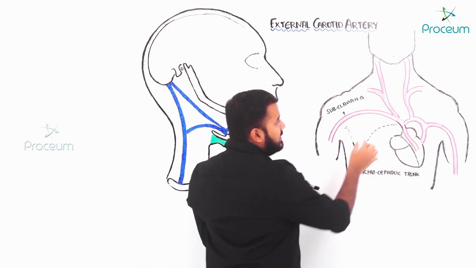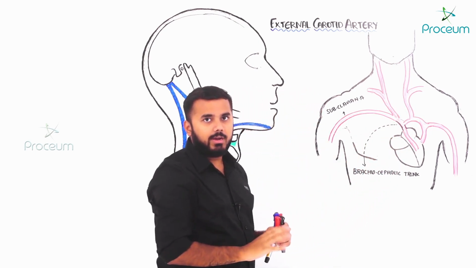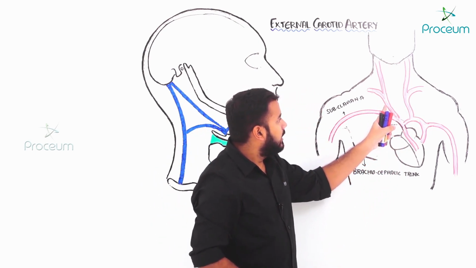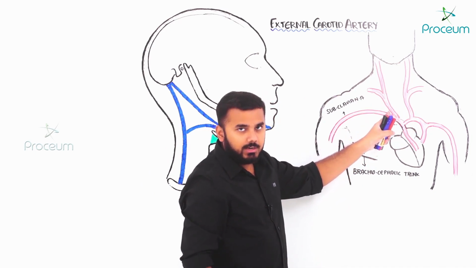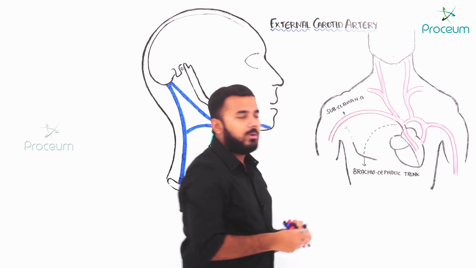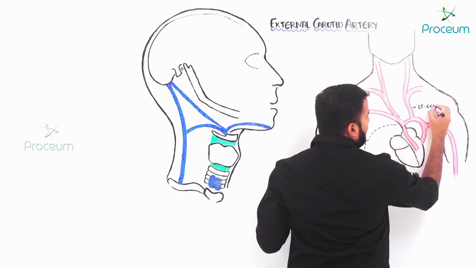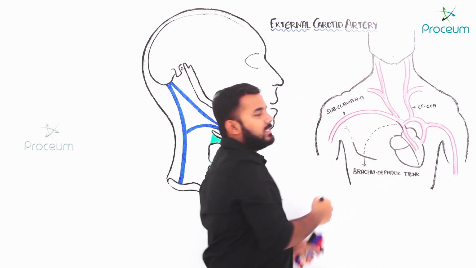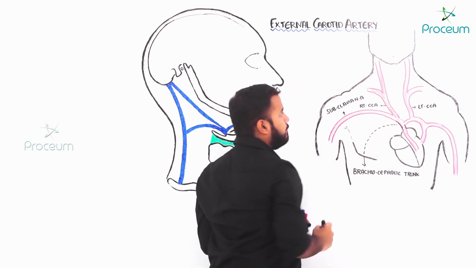A similar common carotid artery is also located on your left side. So this is your right common carotid artery and this is your left common carotid artery, abbreviated CCA.